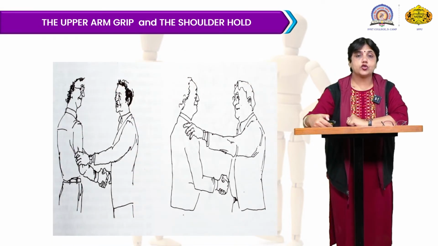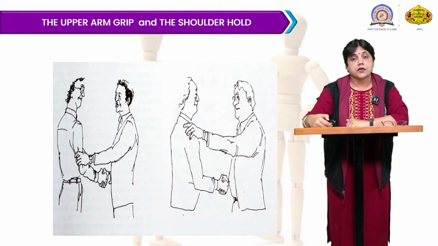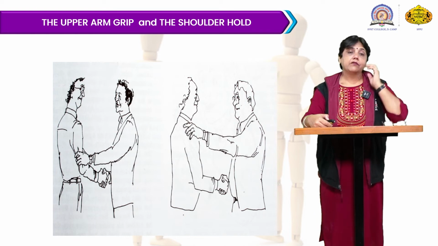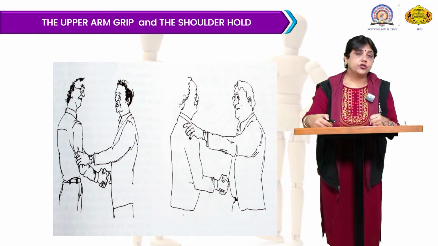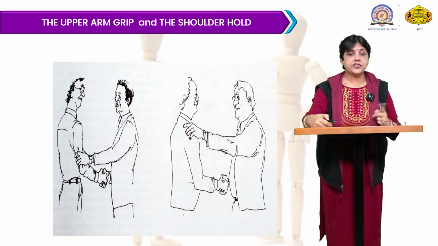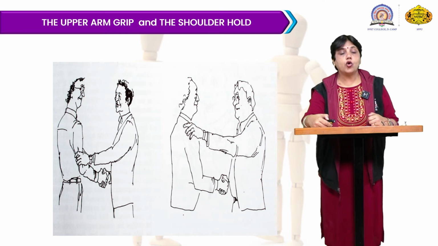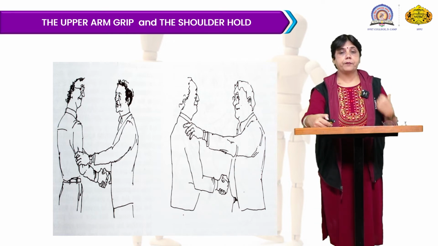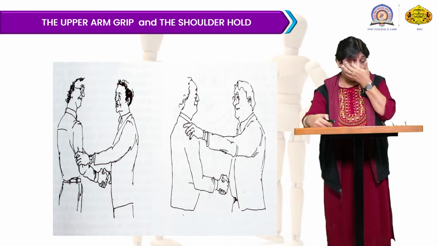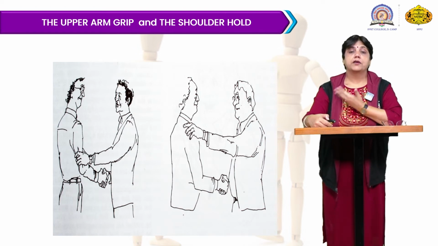Now see, I was talking about Mr. Modi's body language. See, more than our words, our body language needs to be improved and firm. In the first picture, you see the person is holding the other person with an upper arm grip. And in the second picture, the person is holding the person's shoulder.